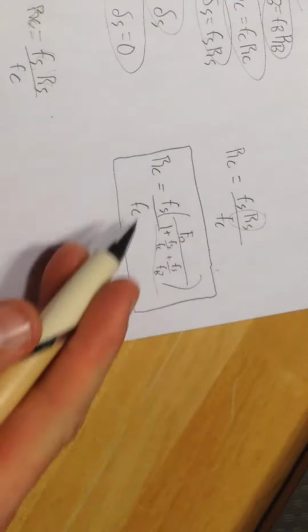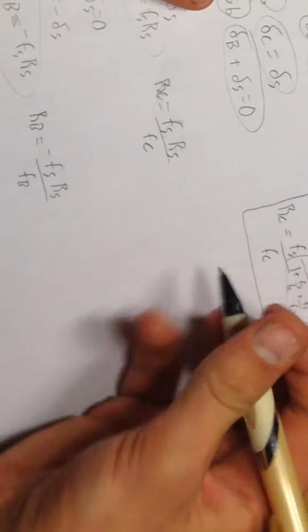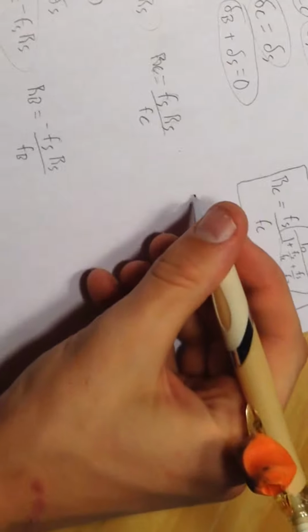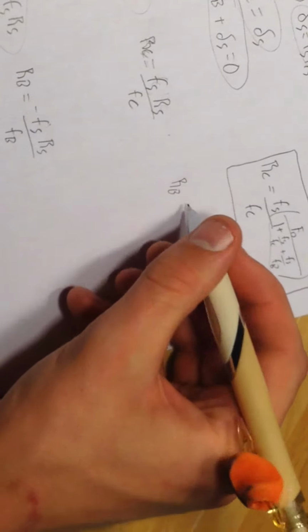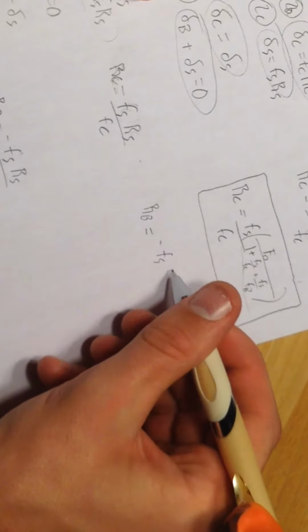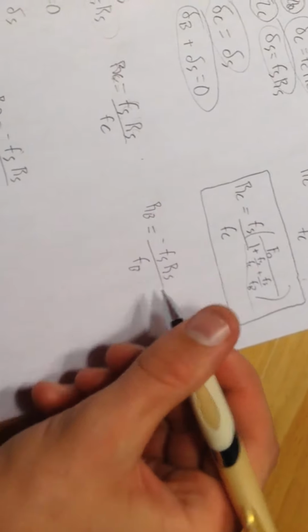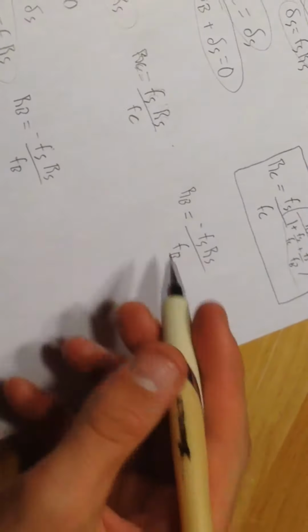So that's solved. So now our last thing we need is RB, and that's pretty much the same thing here. Just rewrite the equation. RB we know to be negative FS times RS over flexibility of B. So now again we're just going to substitute RS in here.